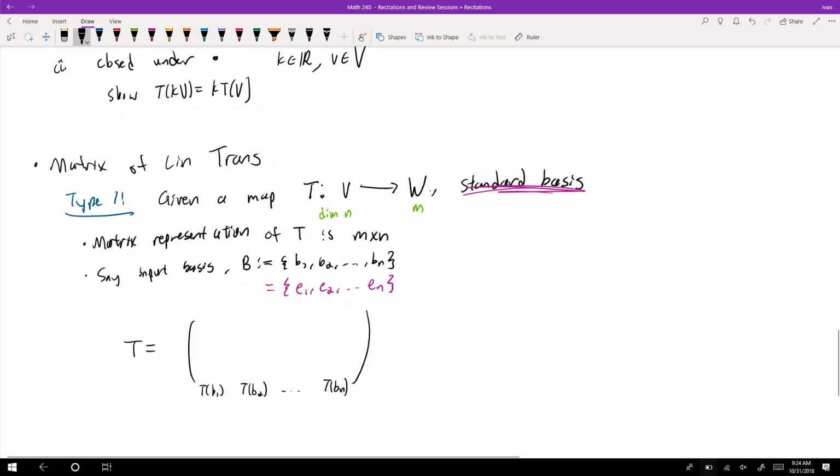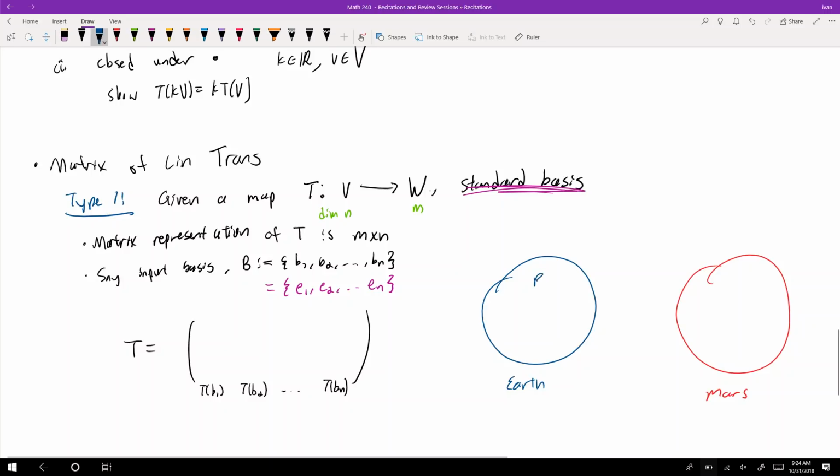Okay, so what's really going on? I came up with this analogy last class. You can think of it like this. You have Earth, you have Mars. Earth is one vector space, Mars is the other vector space. Earth has your standard basis, so we have some base B, and then on Mars we have some base that we want to go to.